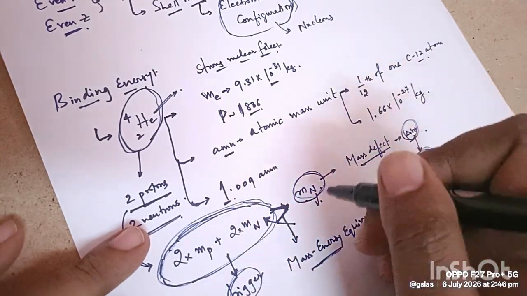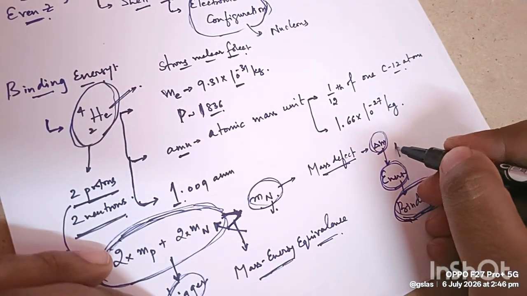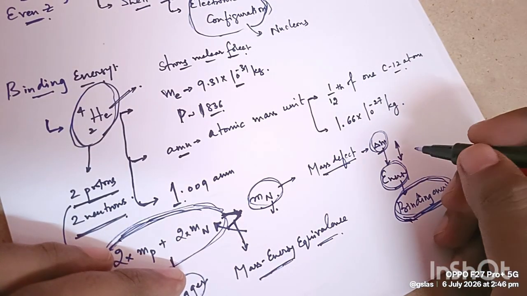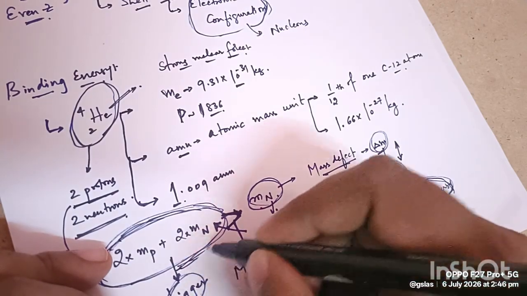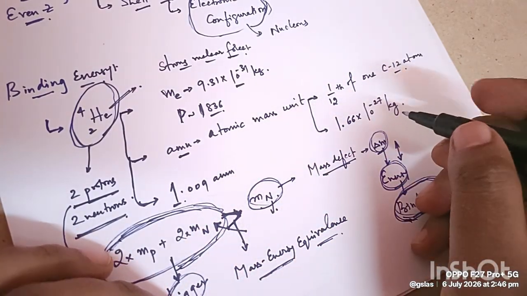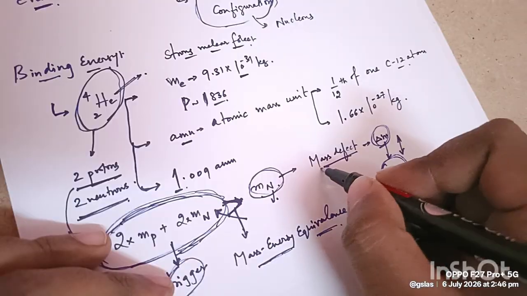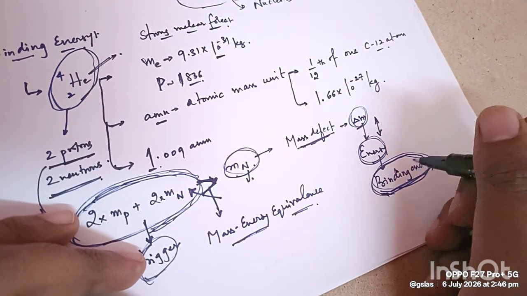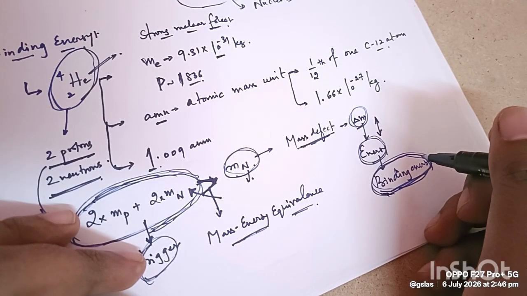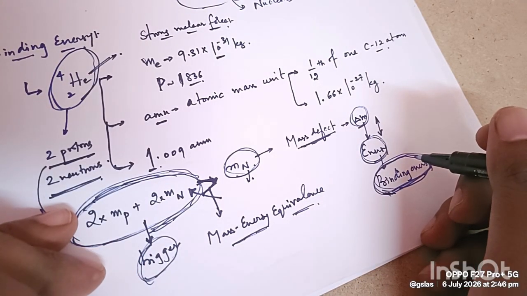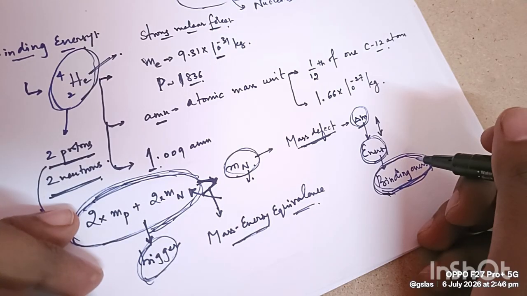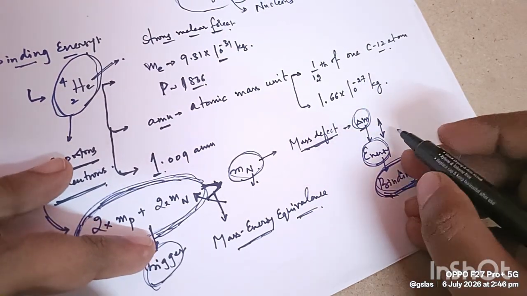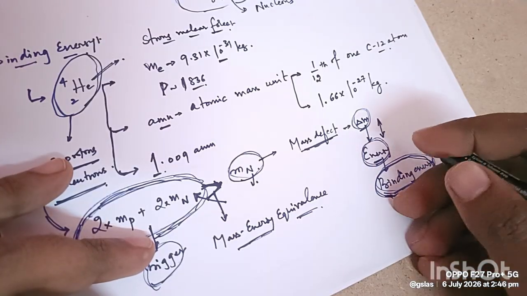So yeah, energy and mass are interchangeable given the right conditions and the right scenario, the reactions, right? So anyways, this is mass defect and this is binding energy, the amount of energy which is made by converting the mass to bind the individual nucleons together, right? That energy we call binding energy.